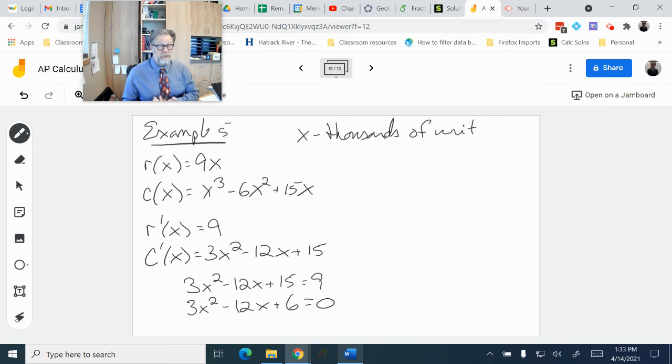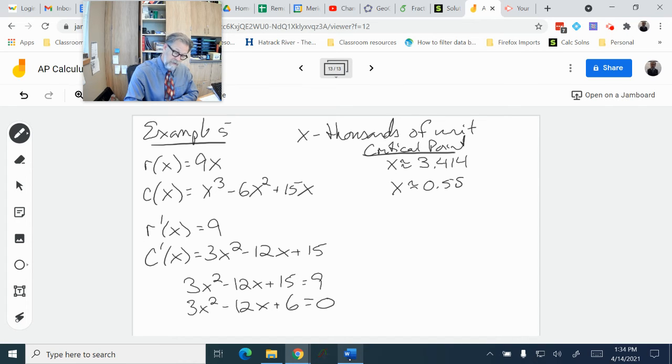And again, I'm just going to plug it into a quadratic formula program. I get that I have a critical point at x approximately 3.414, or 3,414 units, and I have a critical point at approximately 0.586, or 586 units.